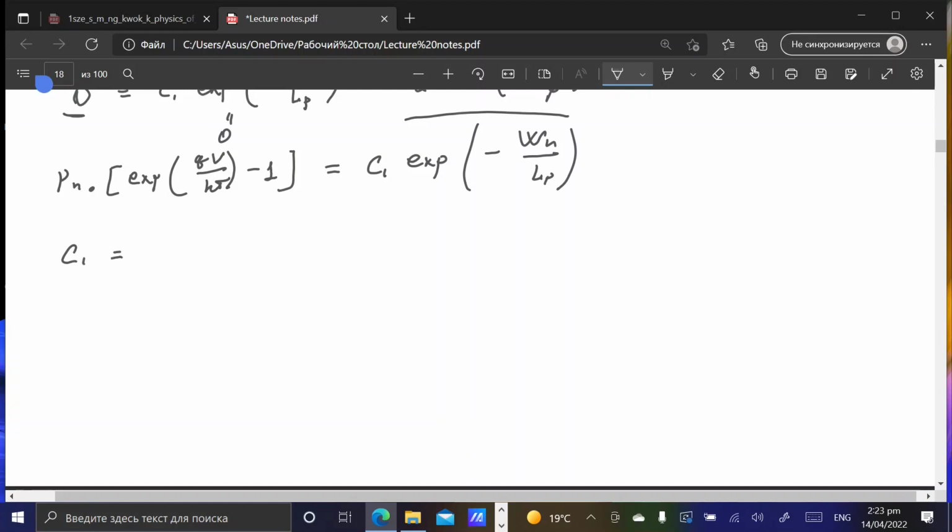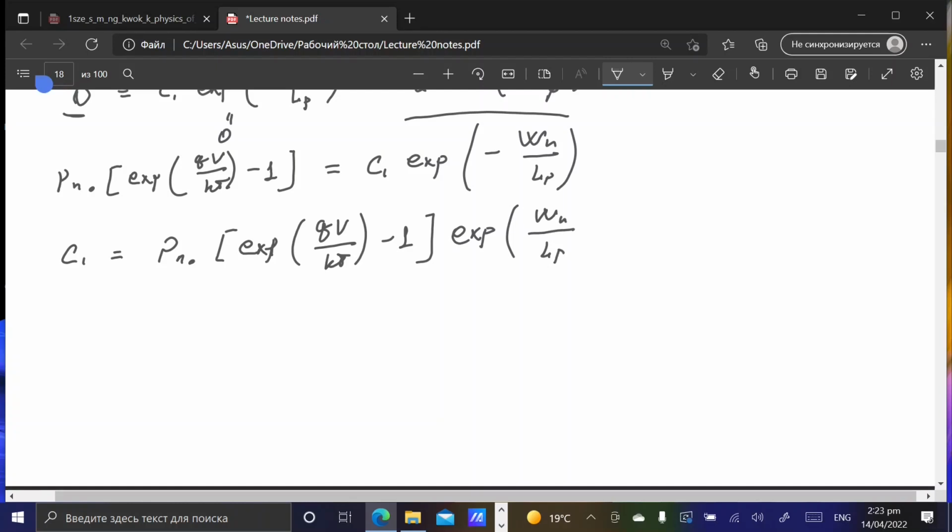C1 will be equal to Pn naught times exponent QV divided by KT minus 1 times exponent Wn divided by Lp. So that is our constant C1.